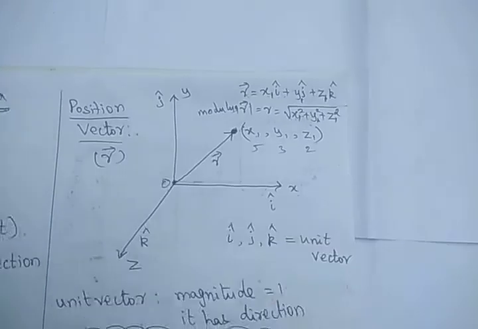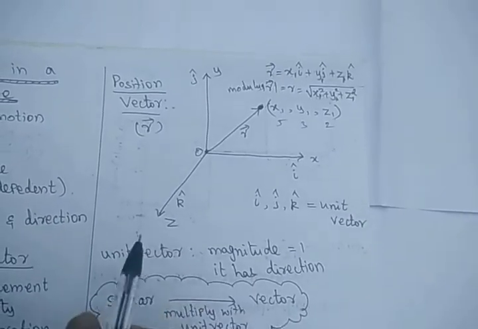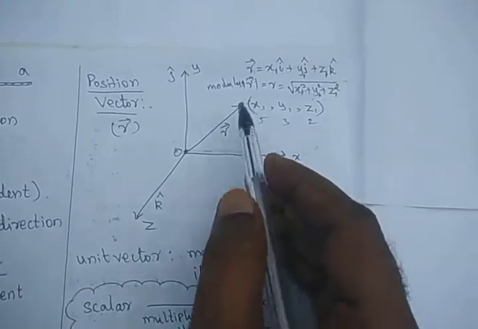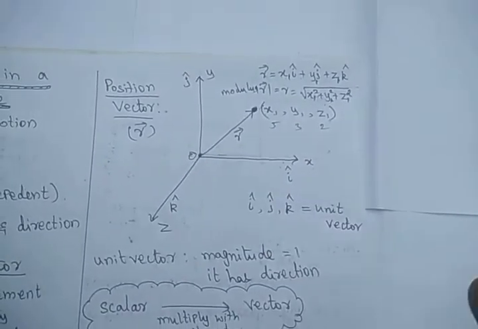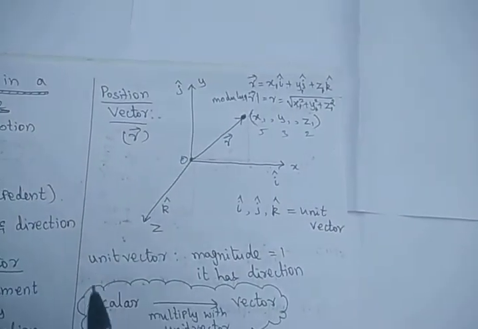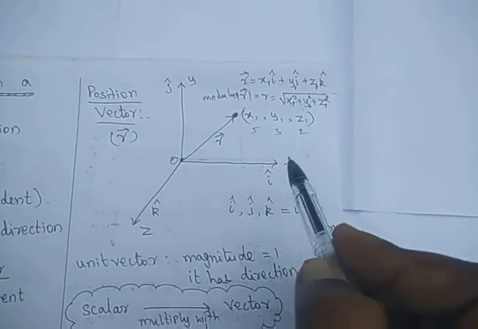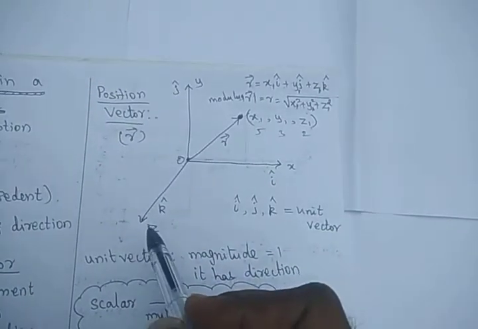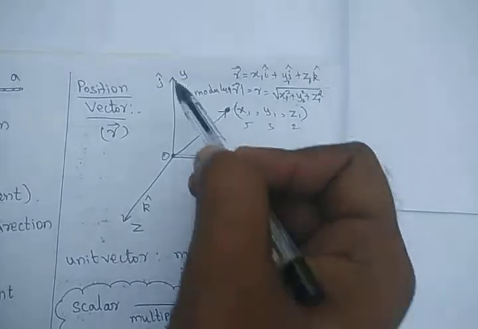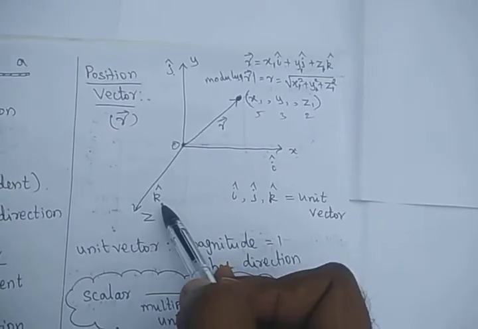Very simple, students. In early classes, we denote the position of the body as x1, y1, z1. Now I represent this position of the body as a position vector, representing the x-axis, y-axis and z-axis as vector coordinates: the i cap coordinate, j cap coordinate and k cap coordinate.